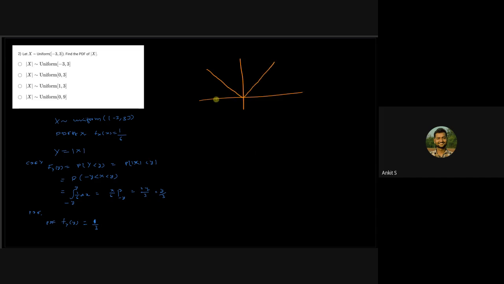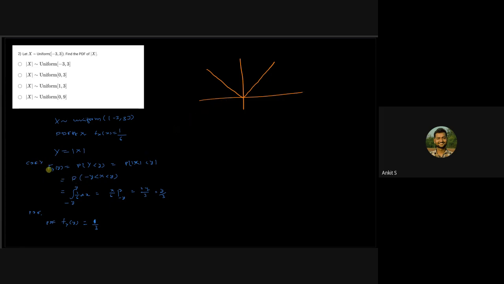It is not differentiable at 0, and it is not monotonic. It is first decreasing then increasing. So obviously we cannot use the direct formula that we had.